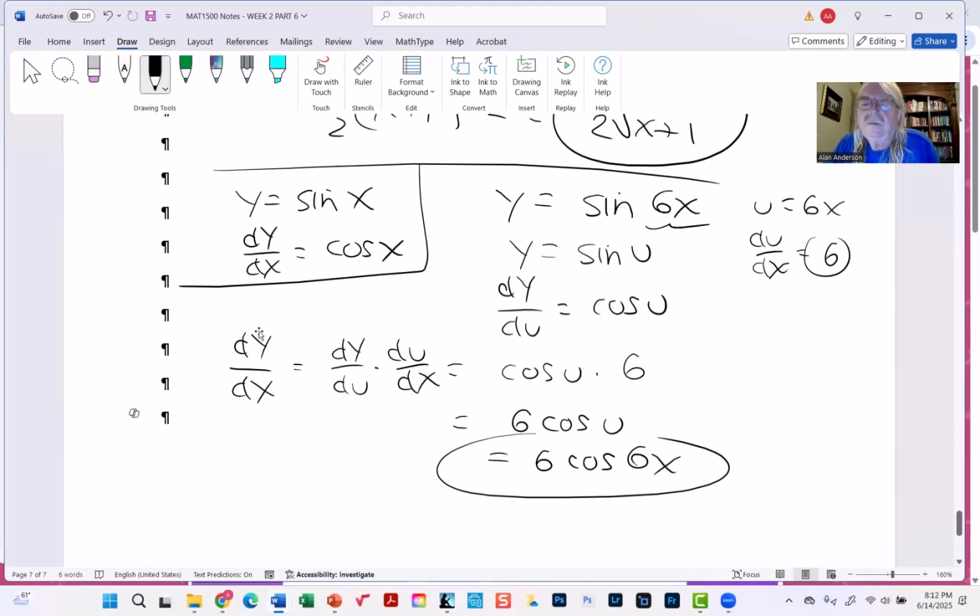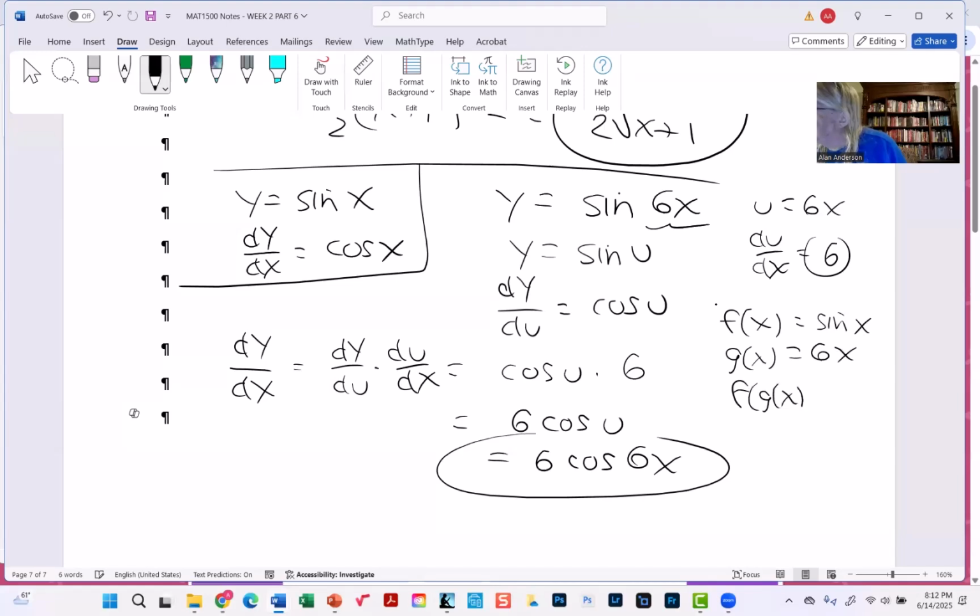See, so the derivative of sine x by itself is just the cosine x, but because this sine is a function of another function, in this case, you could think of sine of x as f of x, and then g of x is 6x. f of g of x is therefore sine 6x. And therefore, we must use the chain rule.